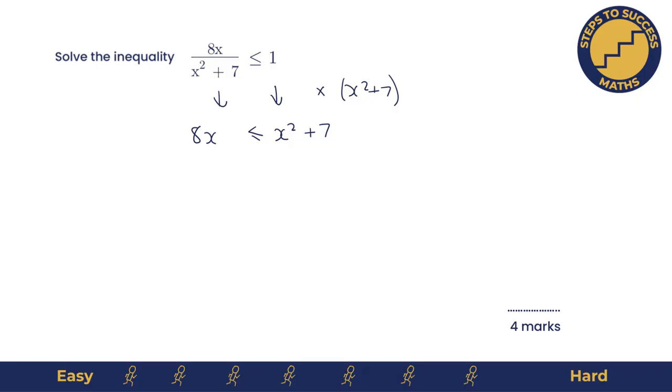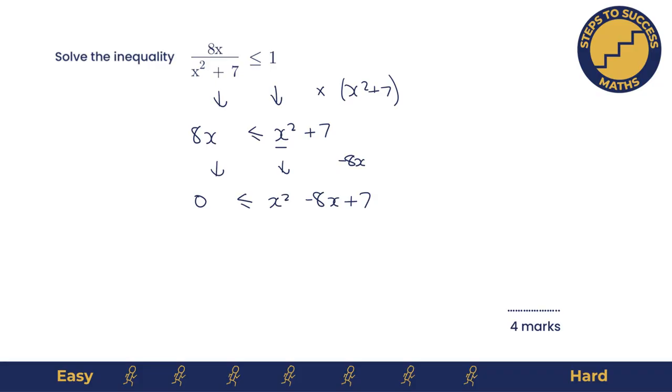Now remember, we want to keep the x squared on the side we've got it as it's positive. We don't want to move it to a negative. So we're going to take away 8x to start with. So we've got 0 less than or equal to x squared, take away 8x plus 7.